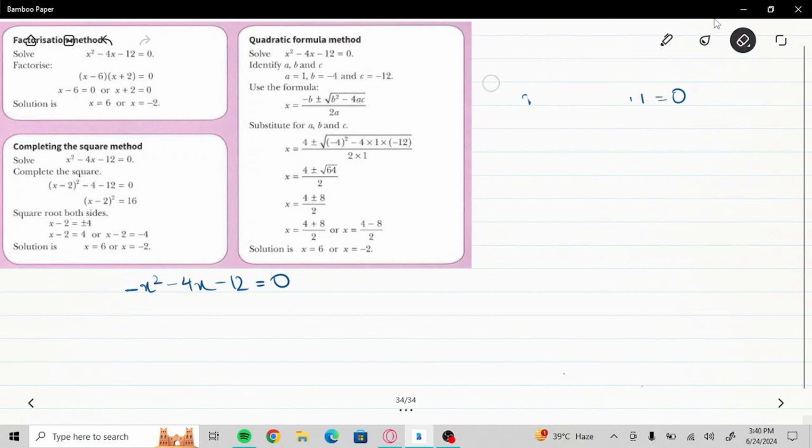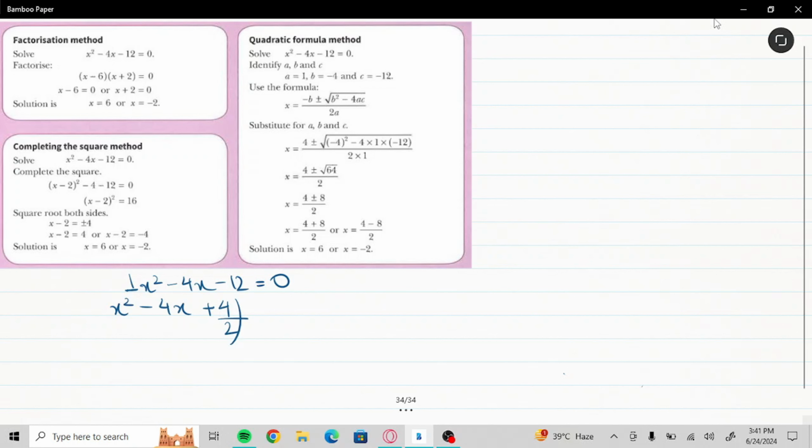So again, in order to follow the completing the square method, you have to make the coefficient of x squared 1. So right now we have 1, no big deal. So x squared minus 4x minus 12. What's the next step we do? It's kind of something you have to learn. So what you do next is x squared minus 4x plus 4 upon 2 whole square.